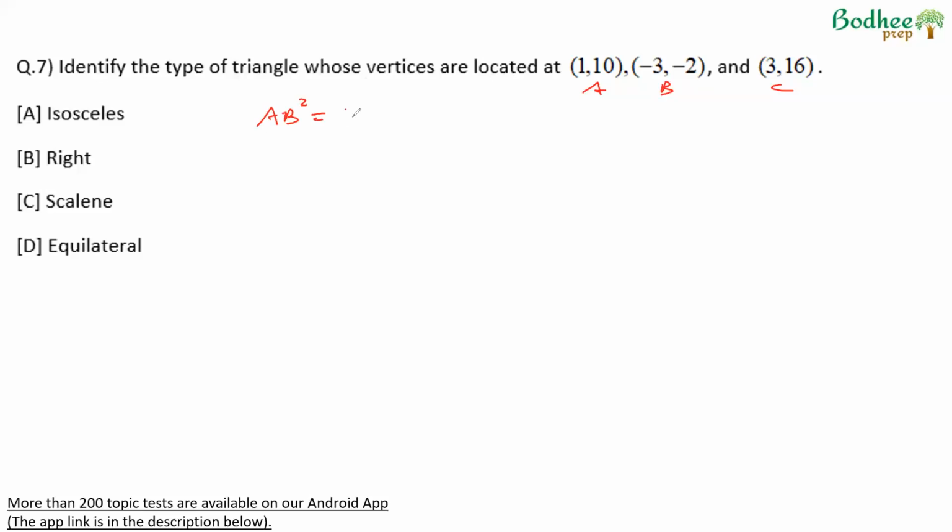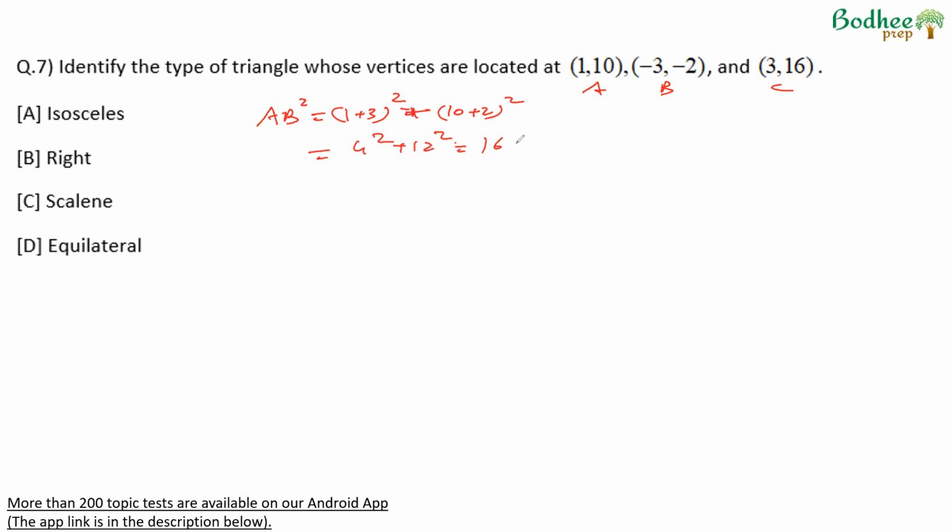AB square will be (1 minus (-3)) whole square plus (10 minus (-2)) whole square, which is 4 square plus 12 square.